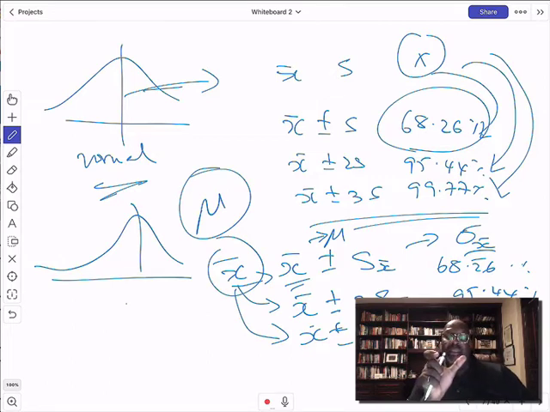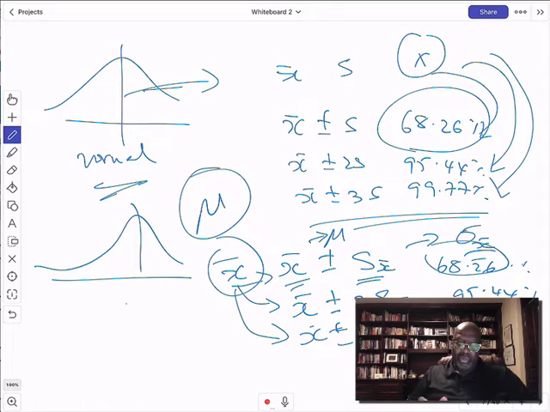So in essence, if we want to get an estimate for population mean mu, if we could generate an interval estimate from the sample data using this kind of concept, then we're able to get an interval that might contain the mean, and depending on the number of standard deviations that we use, that will give us our confidence level. If we only use 1 standard deviation, our confidence level is not that high.